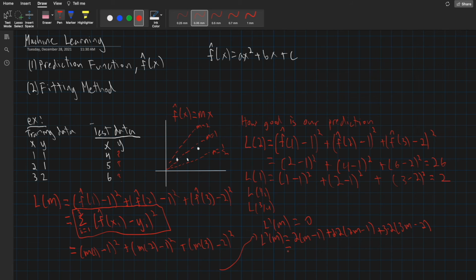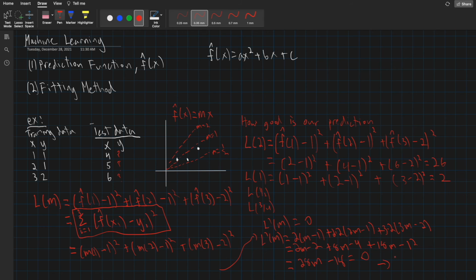So this is going to be equal to 2m minus 2 plus 8m minus 4 plus 3 times 2 is 6, so 18m minus 12, which is going to be equal to 2m plus 8m is 10m plus 18m is 28m, 28m minus 2 minus 6 minus 18 is equal to 0.